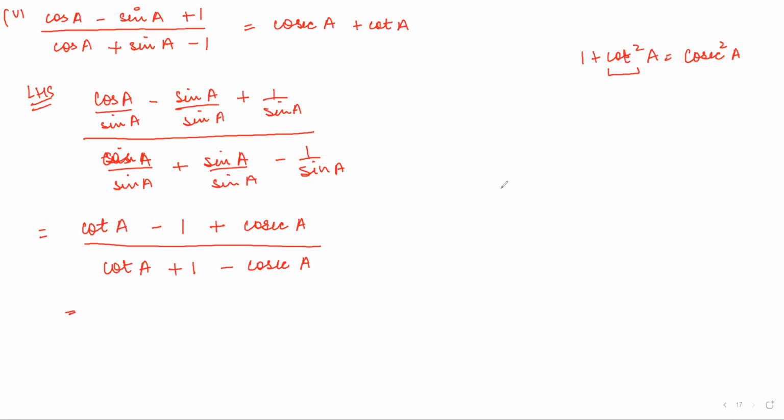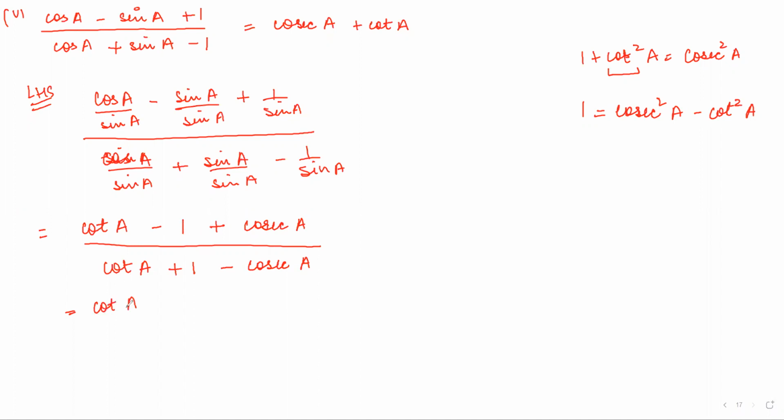I can also do one thing here. I can replace this 1, right? So 1 will become cosec square A minus of cot square A, yes, from this identity. Yes, ma'am. Okay, so I can substitute this 1 like this.